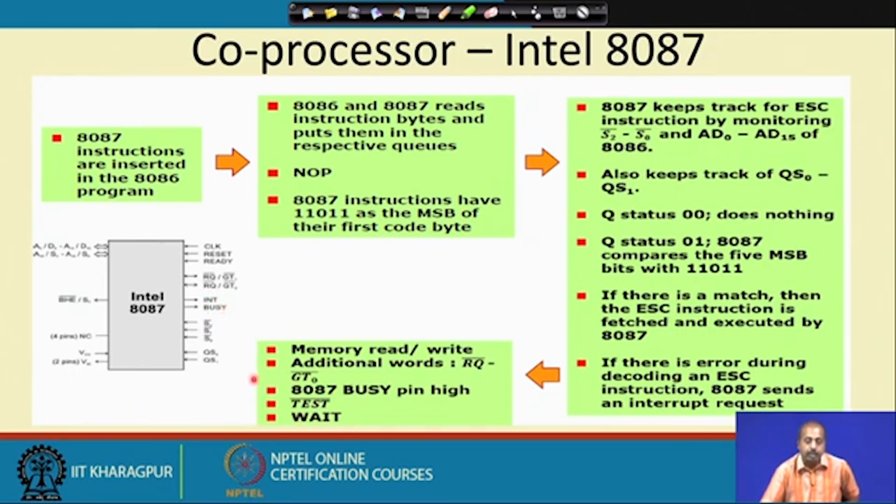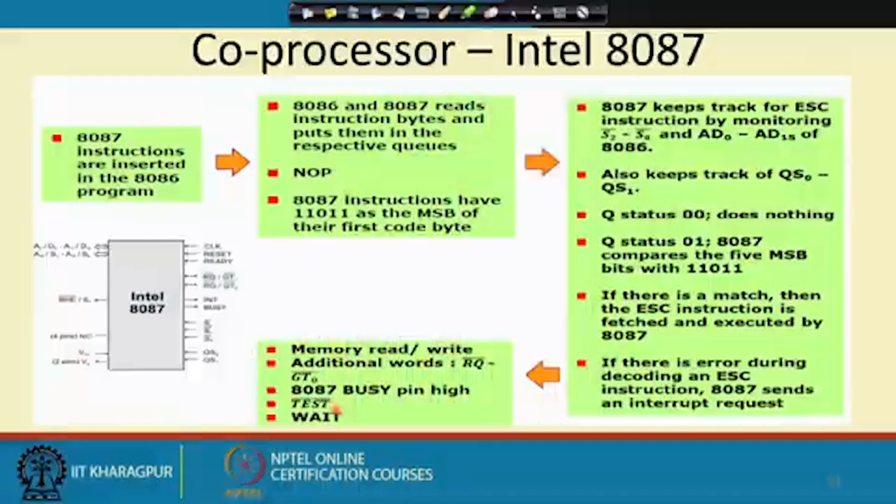The 8086 processor may be executing a wait instruction for this time, because if the value being computed is useful for the 8086 in the next instruction, it will wait with a wait instruction. When the TEST bar pin goes low, that means execution was over, the 8087 has written the value onto the memory location, and the 8086 can take that value.